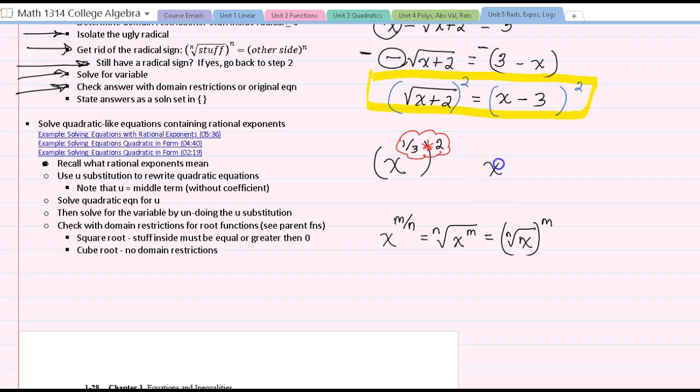So we would end up with x, and remember I'm multiplying 1/3 times 2, make that over 1, so I'm going to see that this is the same thing as x to the 2/3. So you can have x to the 1/3, and then we can square it, and we're going to end up with x to the 2/3. Let me show you where that comes in handy.